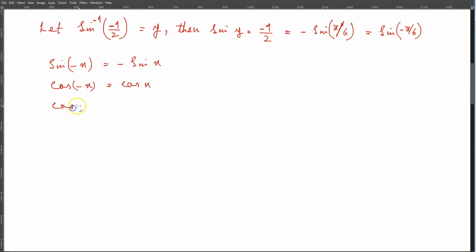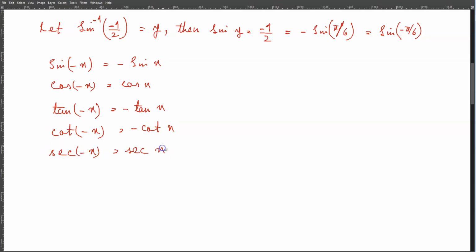The tan of negative x is equal to negative tan x. The cot of negative x is equal to negative cot x. The secant of negative x is equal to secant x. So these two are alike. And the cosecant of negative x is equal to negative cosecant of x, right?